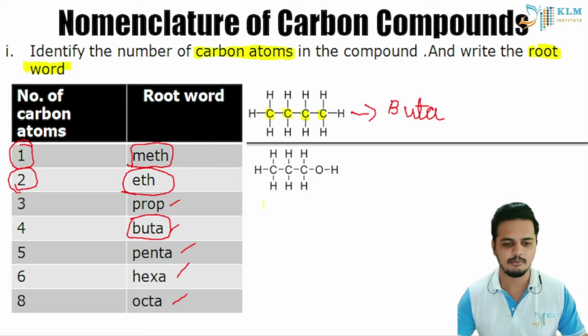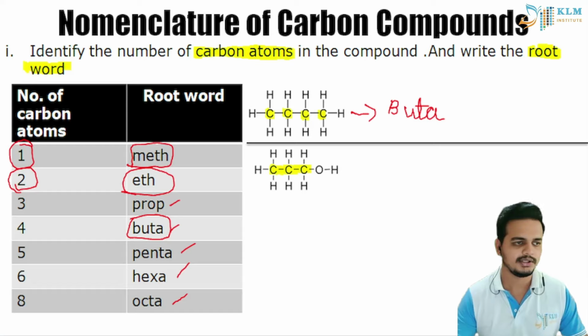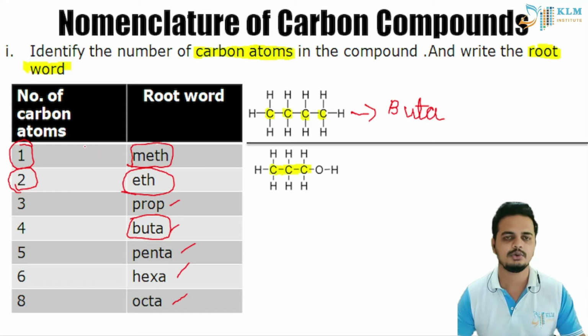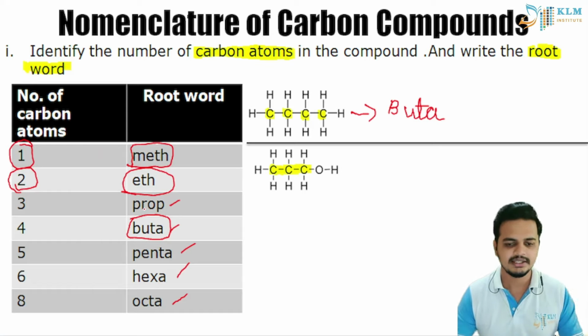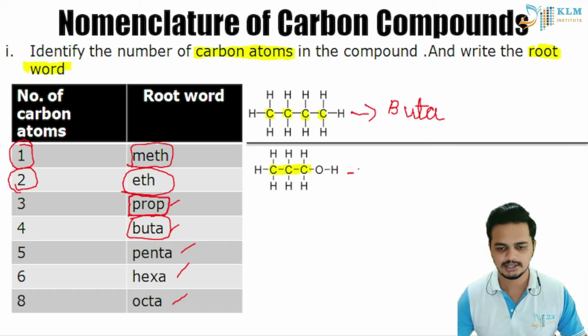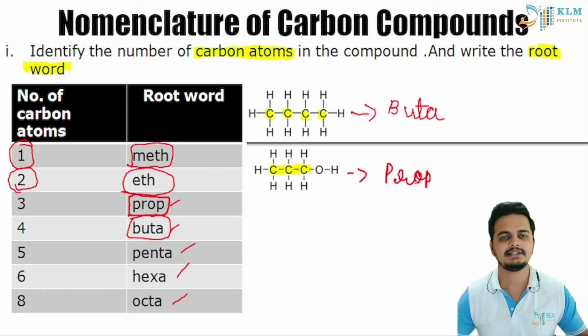In the next compound, you can see one carbon atom, two carbon atoms and three carbon atoms. If the root chain has three carbon atoms, then the root word becomes prop.